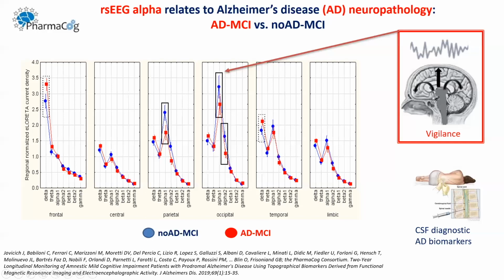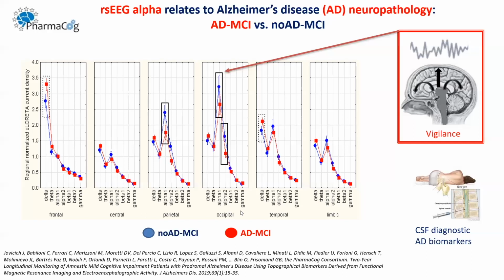We repeated the experiment comparing the cortical sources of resting state EEG rhythms in Alzheimer's disease MCI, mild cognitive impairment patients, against mild cognitive impairment due to Parkinson's disease.